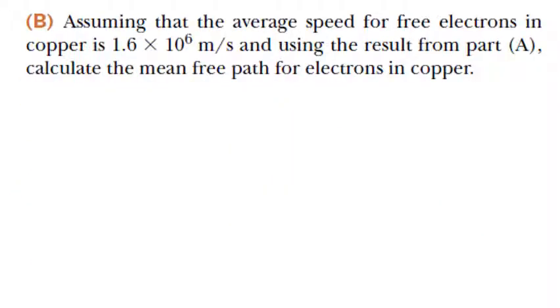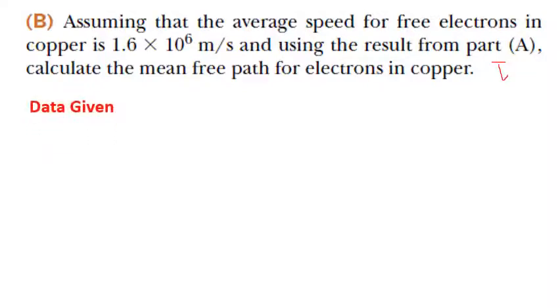In the second part, it says that assuming that the average speed for free electrons in copper is 1.6 into 10 raised to the power 6 meters per second, and using the result from part A, obviously we will be using the value of tau from part A, calculate the mean free path for electrons in copper.